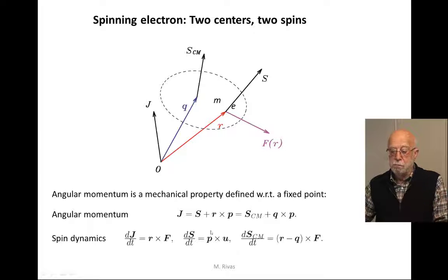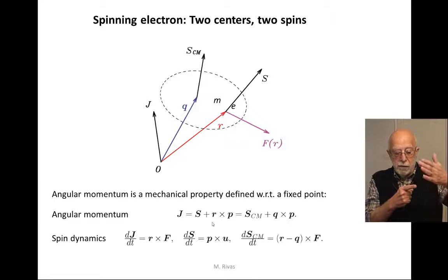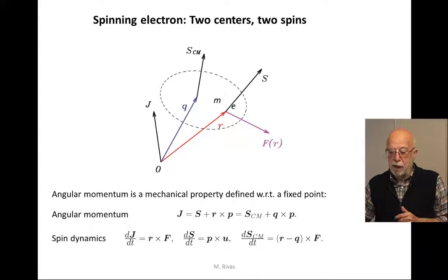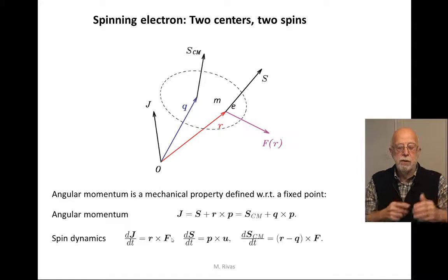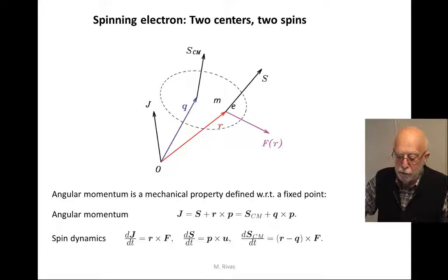If the motion is free, p is constant, so the center of mass is moving at a constant velocity. This is a plane orthogonal to the linear momentum, and the time derivative of this spin is moving in an orthogonal plane, so it is moving in some kind of orthogonal plane to the linear momentum. So what is conserved is its projection on the linear momentum.